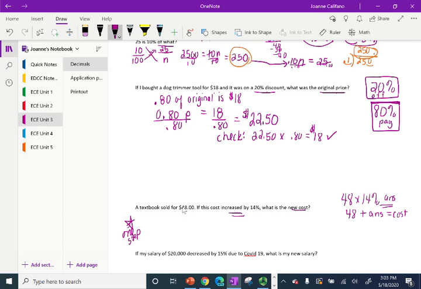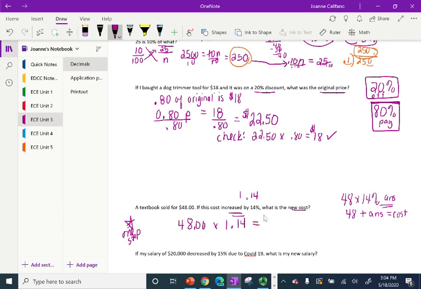If a textbook sells for $48, the cost is increased by 14%. When I'm done, I'm not just going to pay 14%, I'm going to pay one whole amount plus 14%. So I'm going to multiply this by one whole amount plus 14%. Try that problem right there.